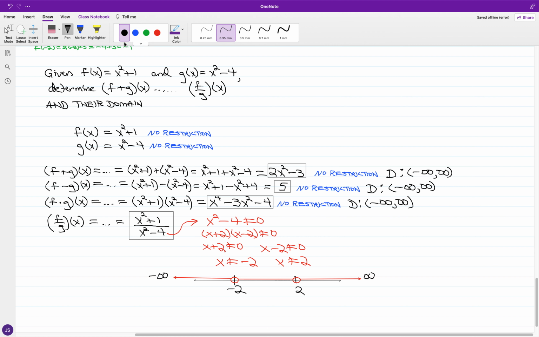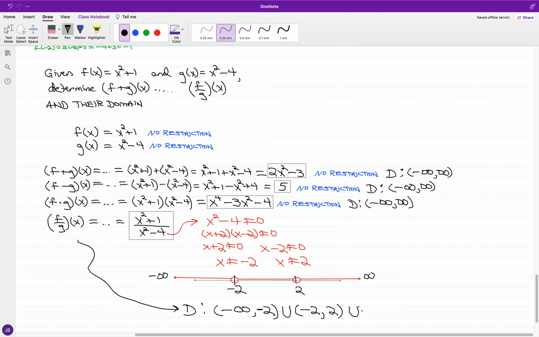Okay, so for f over g of x, the domain will be broken up into 3 sections. We have between negative infinity and but not including -2. For the middle section, we're bypassing -2, so we have between but not including -2 and +2.